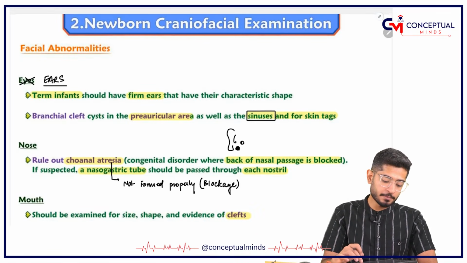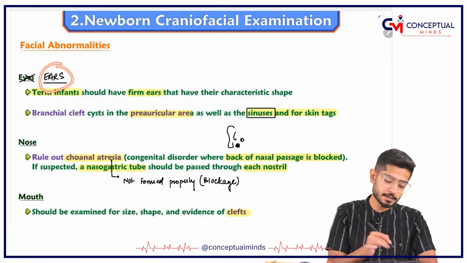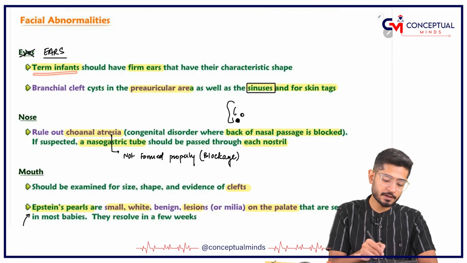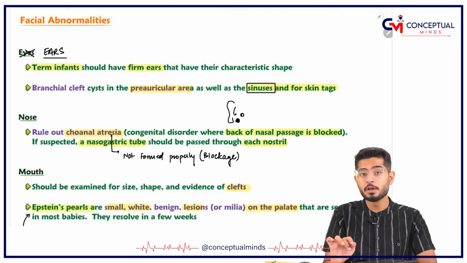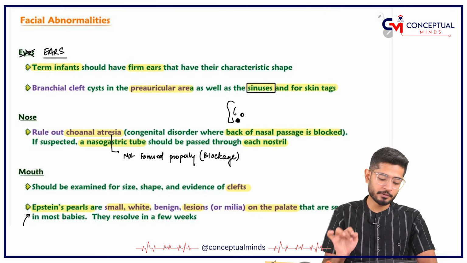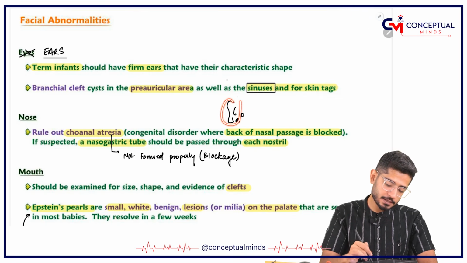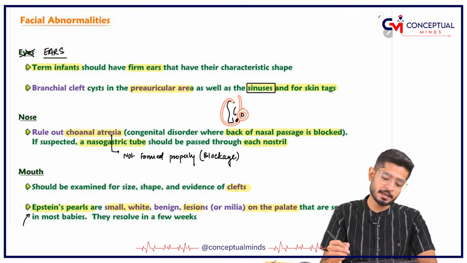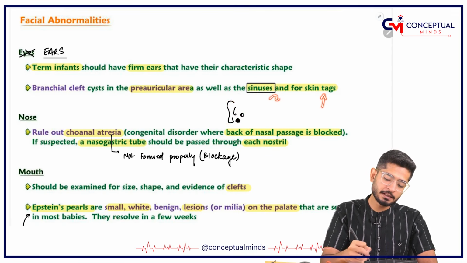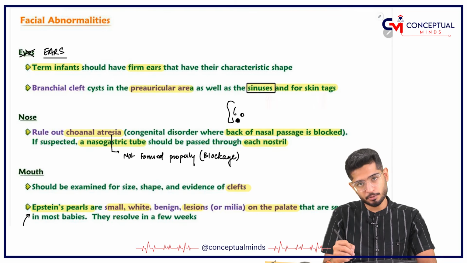Right? Coming on to ears. Now in ears, my dear friends, please understand the term infants are going to have firm ears. This is the auricle, the ear, and there is a pre-auricular area. So there can be skin tags and sinuses present.